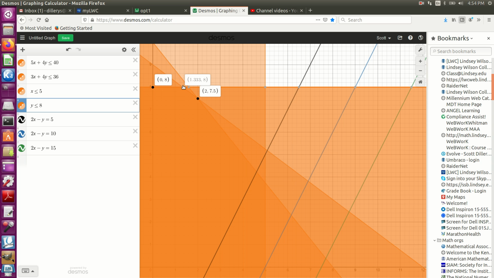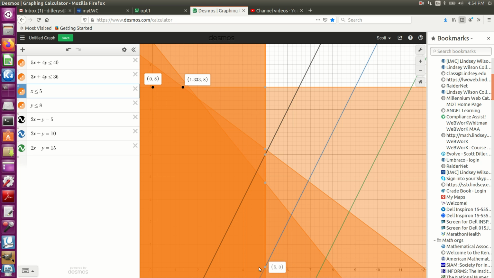There's a corner here, there's a corner there, and there's even a corner here at 0, 0, which under certain circumstances could be the best answer. So you see, it's going to be always at one of these corners.